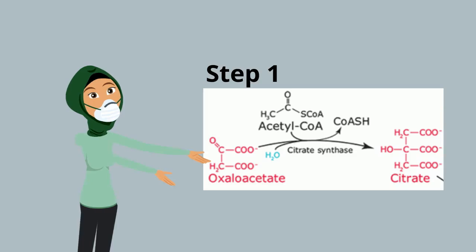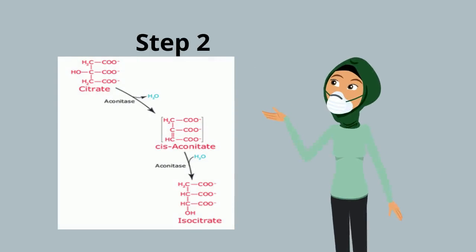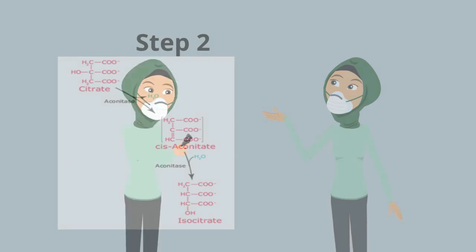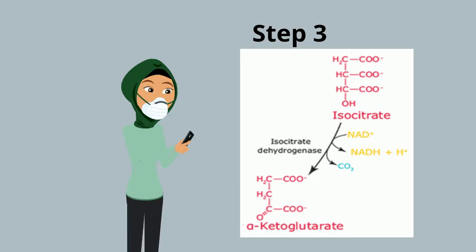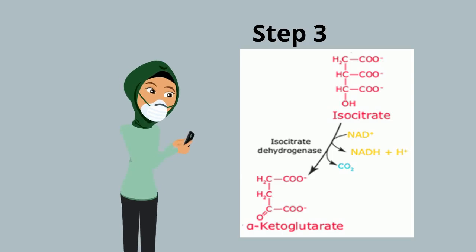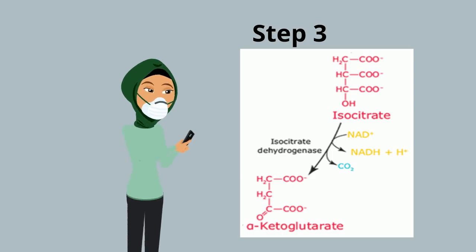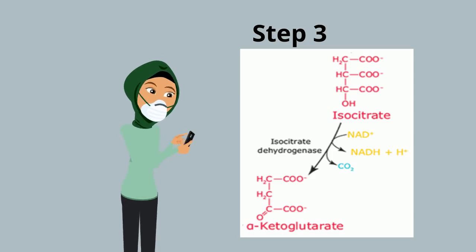Acetyl-CoA joins oxaloacetate and forms citrate with the assistance of citrate synthase. Then, citrate converts into its isomer, isocitrate, by a dehydration-hydration reaction with the aid of aconitase. Then, the isocitrate will be oxidized and release carbon dioxide. At the same time, NAD+ is reduced to form NADH, so it will form alpha-ketoglutarate.